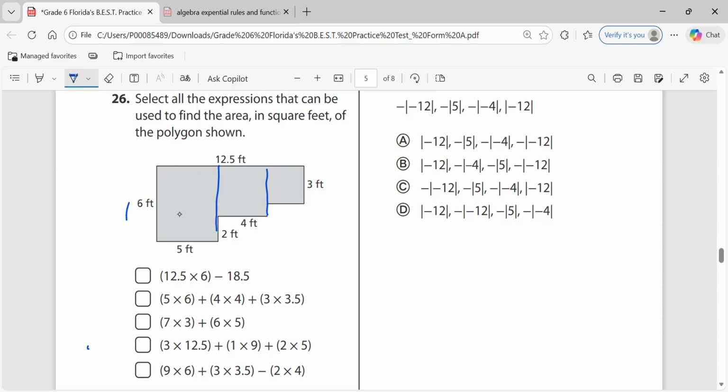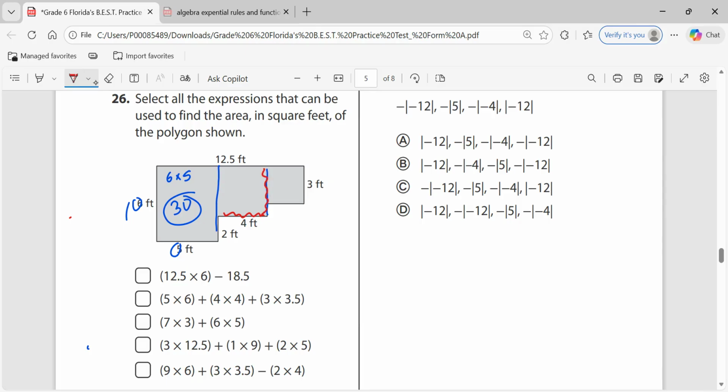So I know this big one here is 6 times 5, which is 30. I know this middle one here, let me make it red, is going to be 4 feet times, I don't know the height.